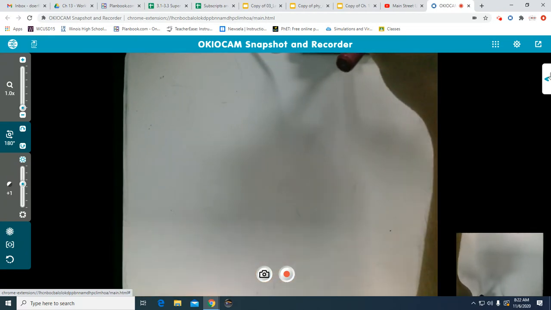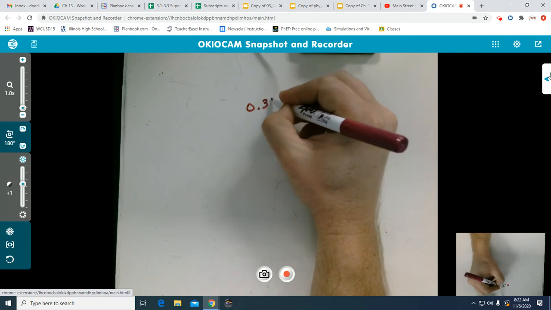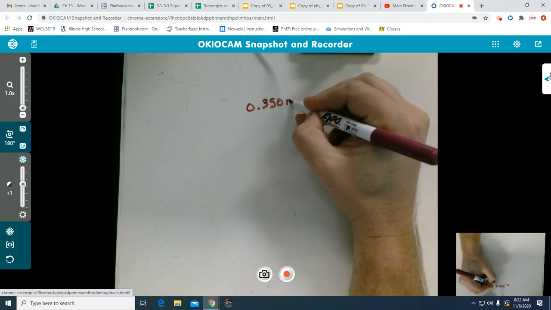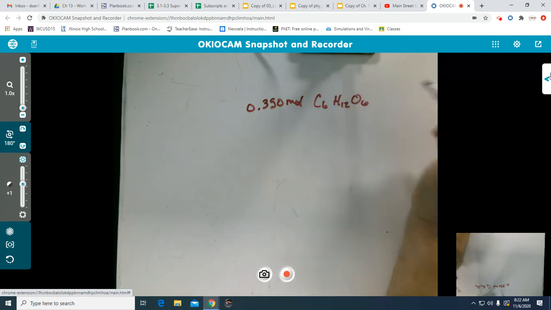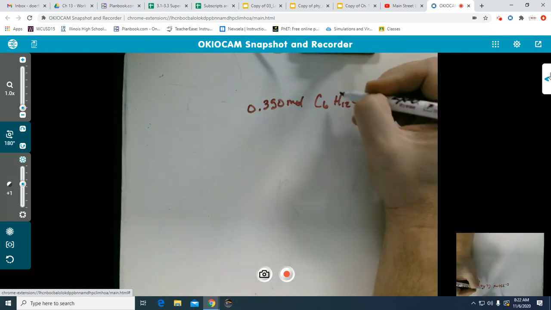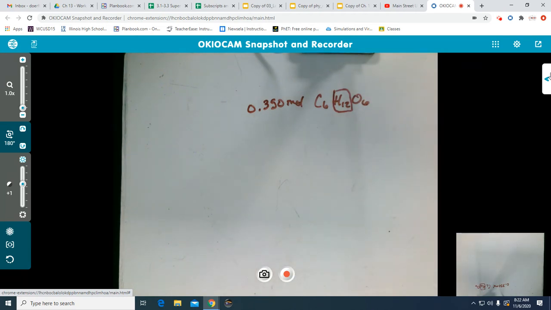Okay, so again we had 0.350 mole C6H12O6. I'm just writing this down, okay? And we're trying to find the number of hydrogen atoms, correct? Okay, so just like in dimensional analysis, see if I can't zoom in here a little bit.